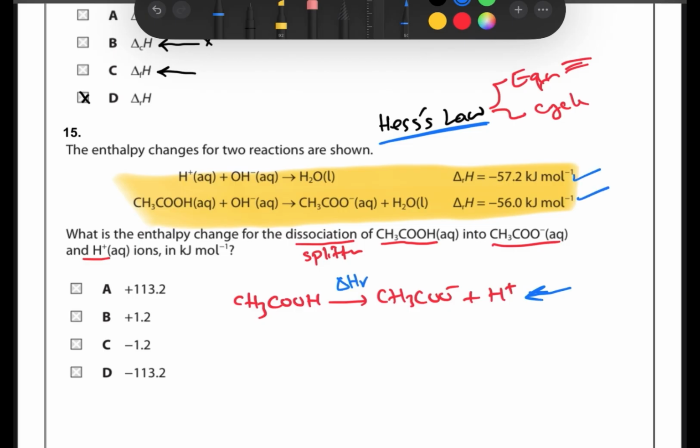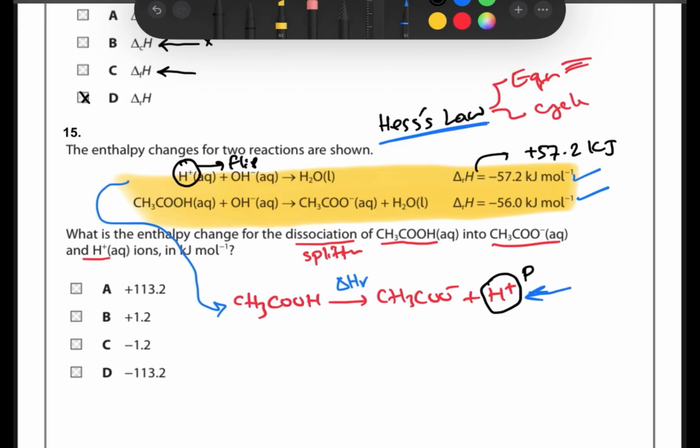So we can manipulate these two equations in order to end up with this equation and then calculate the values. We can notice that the H positive is on the product side, but in the given equation the H positive is in the reactant, and that's why we need to flip this equation. And if we flip this equation, we have to flip the sign of delta H, and it becomes positive 57.2 kilojoule per mole.